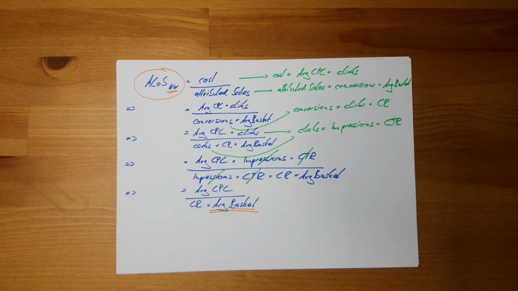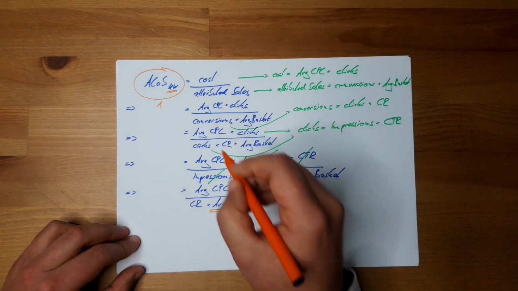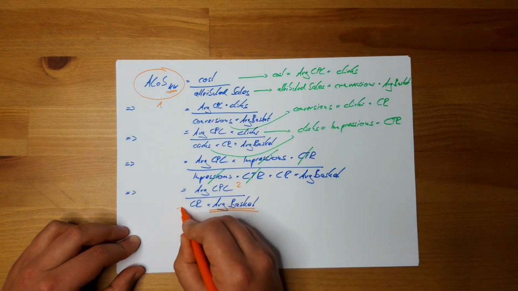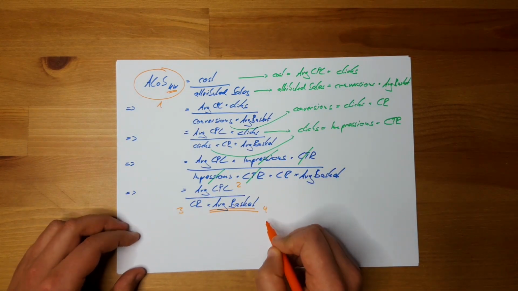Number three, manage your bids. In our formula, there are just 4 variables: ACOS, average cost per click, conversion rate, and average basket. Conversion rate and average basket can be calculated with your campaign performance reports, and ACOS, or better said, maximum ACOS, is a parameter you should set strategically based on your sales and profitability goals.